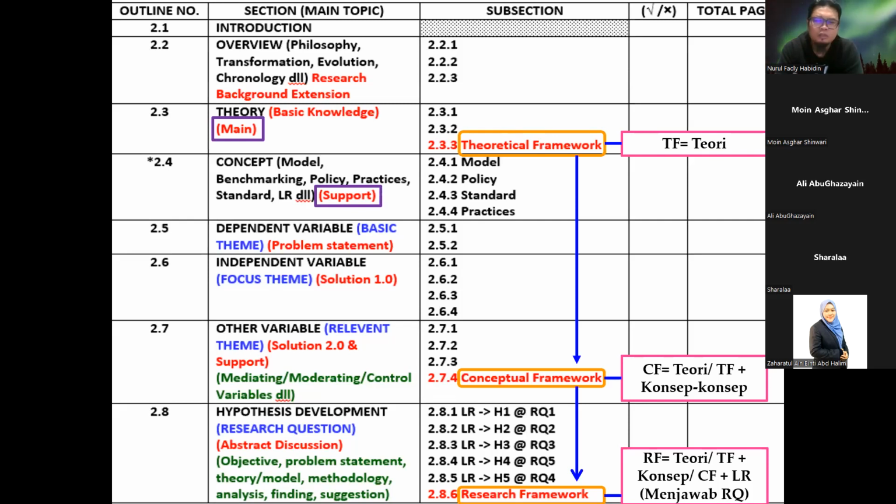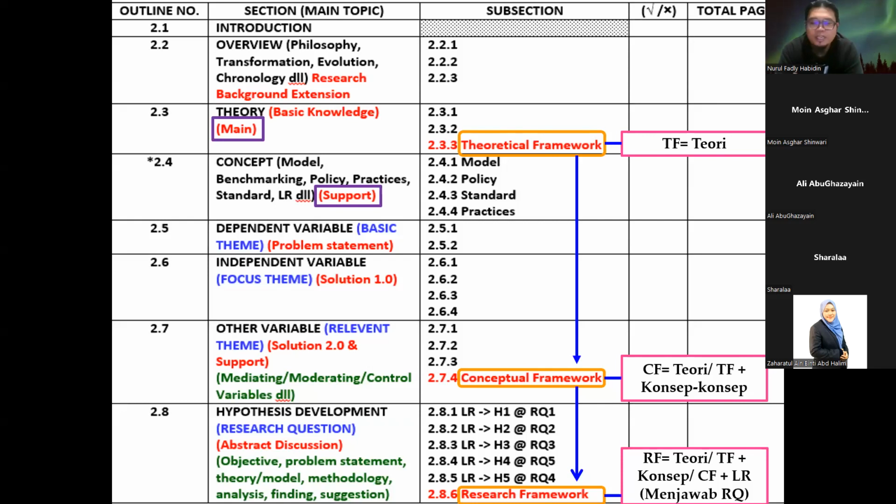So you need to discuss more things before you discuss the theory. That's why I put 2.2 as overview. Somehow maybe you need to discuss transformation, evolution, the chronology. That's why I highlight the research background extension, because in chapter 1 maybe you write two or three pages for the research background.